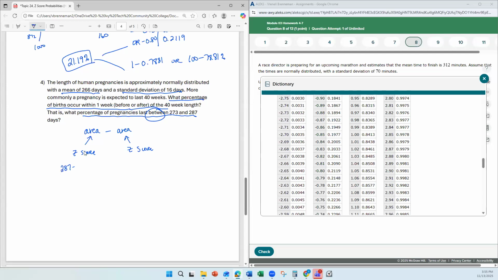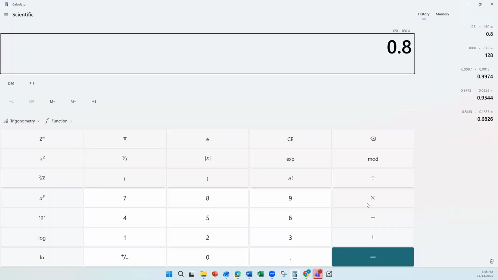So 287 minus 266 divided by 16. And this one's going to be 273 minus 266 divided by 16.